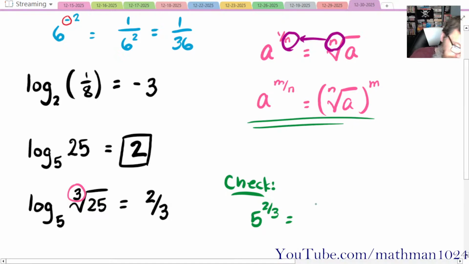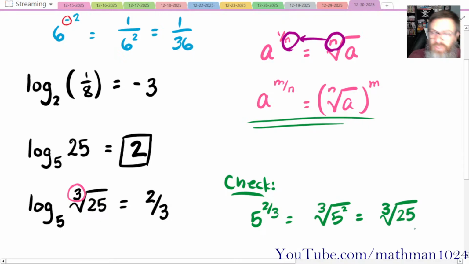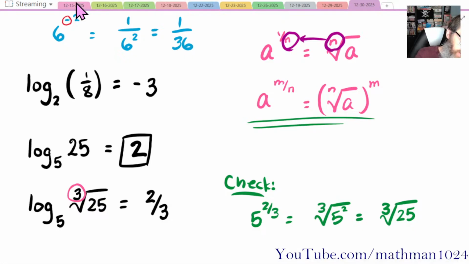The denominator tells me I'm dealing with the cube root of 5, and the 2 would go there. You could do the 2 outside the radical. It doesn't really matter, but for right now, I want to put it on the inside because this makes a little more sense in how it compares with our problem, the cube root of 25. So we can see that it does work out, and the 2/3 is going to be our answer.